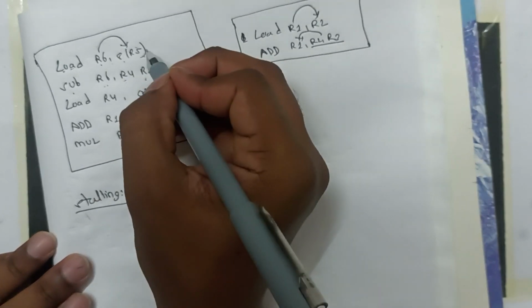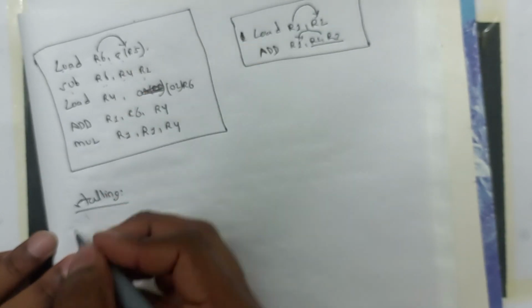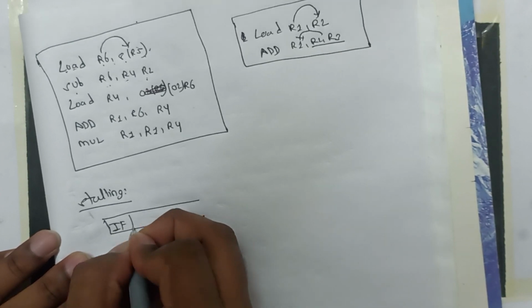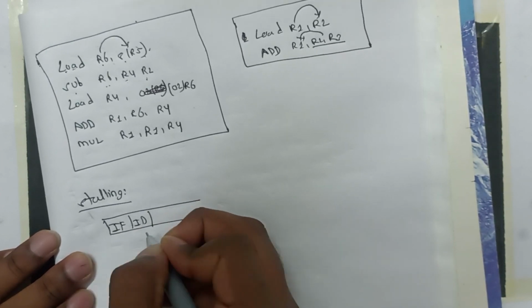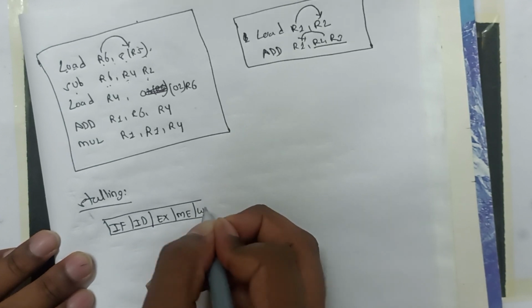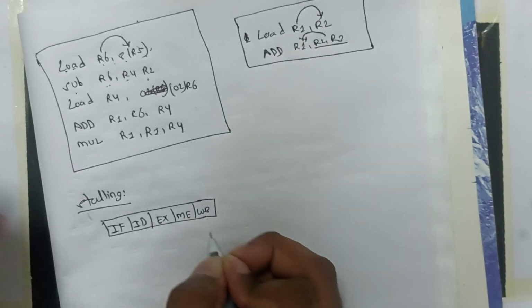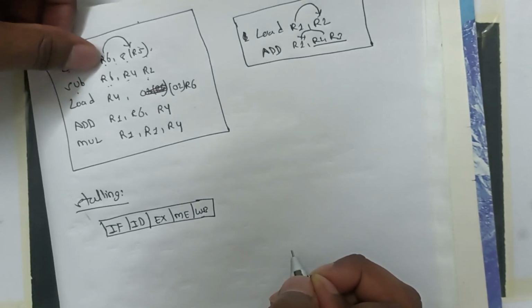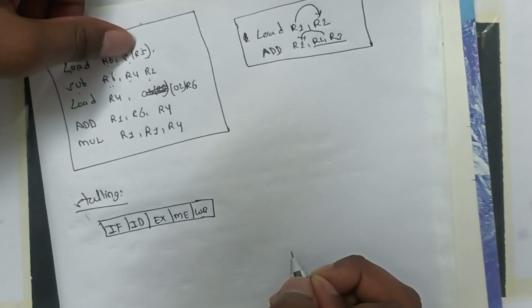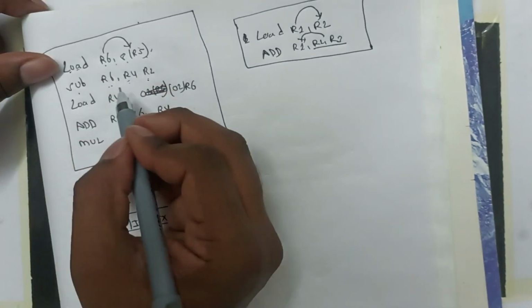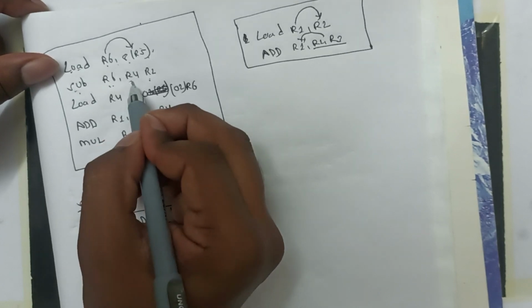First, there is no instruction before the load, so simply do IF, ID, EX, ME and write back. Load means store the value of R6 into R5. Next, subtract R6, R4, R2.